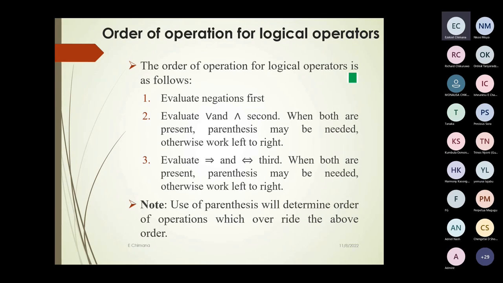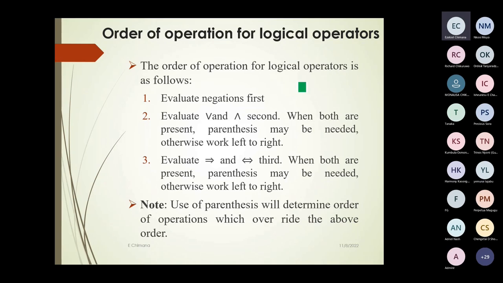So if there are no questions, order of operation for logical operators. There is an order of operation, just like what we are doing in mathematics on applying addition, subtraction, division, something like that. So also here in propositional logic, we have the order of operation.